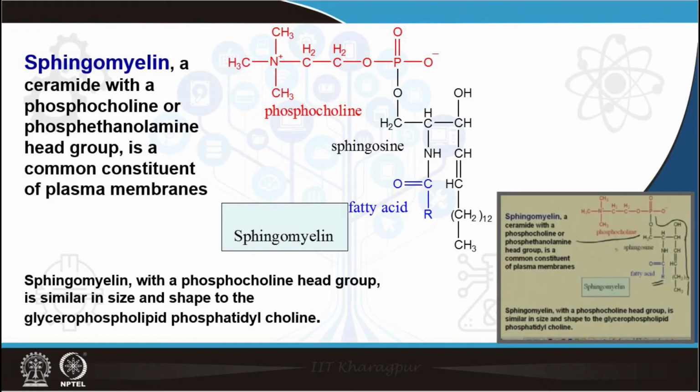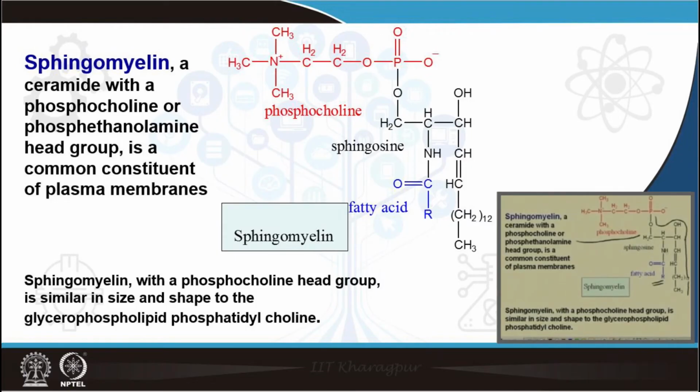What is a ceramide? A ceramide is when you have OH here and the amide here and the sphingosine as it is. So, in the basic structure of the sphingosine, if you have the fatty acid linked to form an amide, it is called a ceramide.